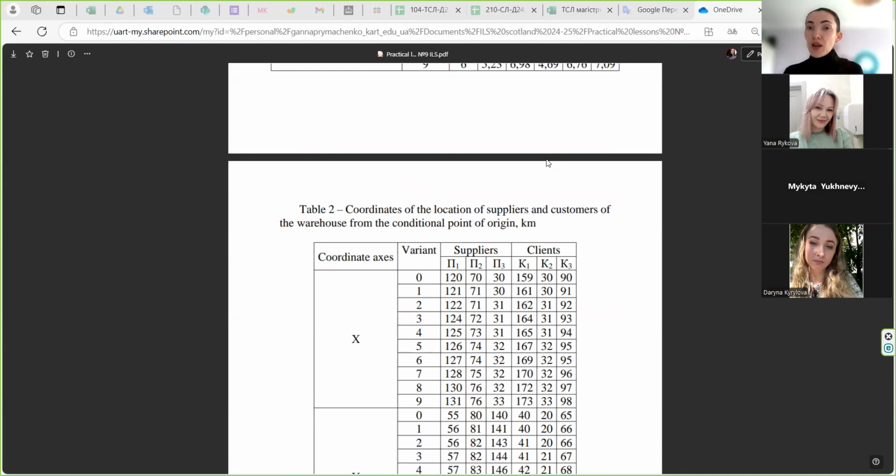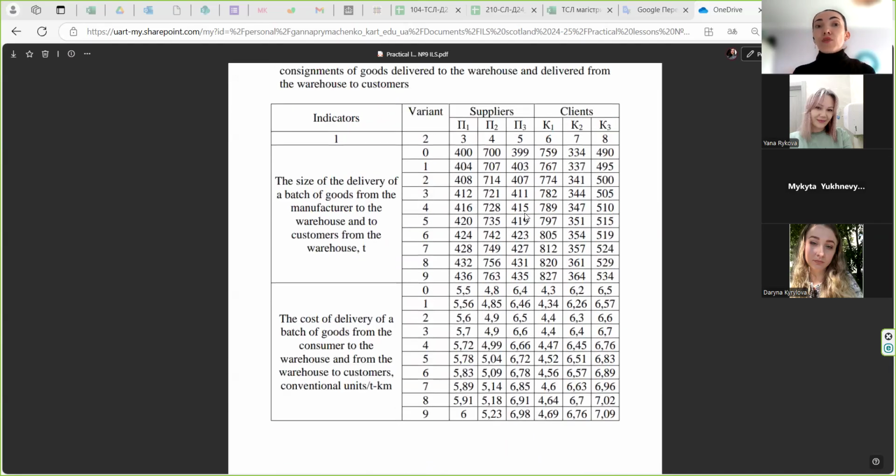And our third parameter is the volume of cargo. It is table 1. We need to use our third line, and for client K1, we need to find it. For example, for zero variance, it is 759. For first variance, it is 767. For second variance, 774.